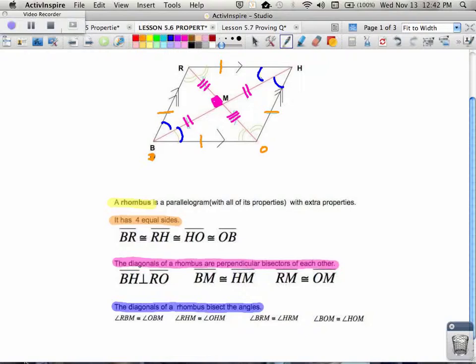And I also know that BRM up in the top left and HRM are the same size, and BOM and HOM are the same size. So the diagonals chop the bigger angle into 2 congruent pieces. These are all the things that are true about a rhombus, in addition to all the properties that a parallelogram had in the previous lesson 5.5. So a rhombus is a very special parallelogram.